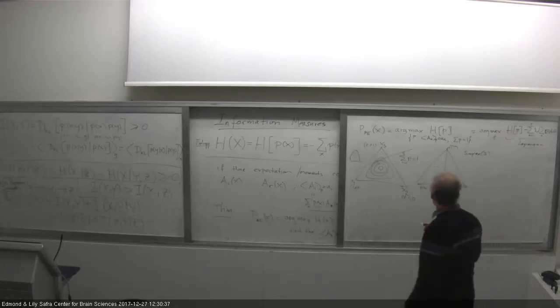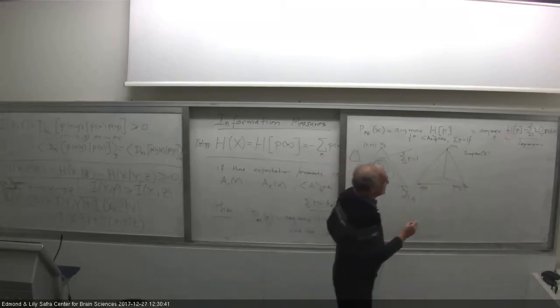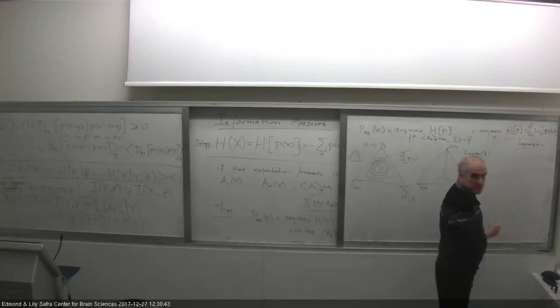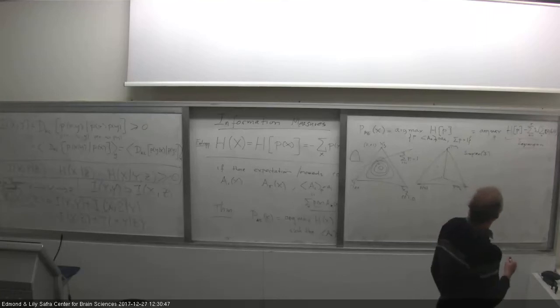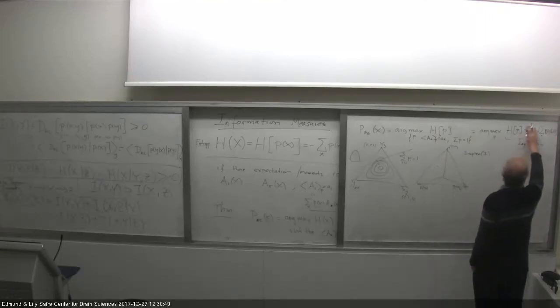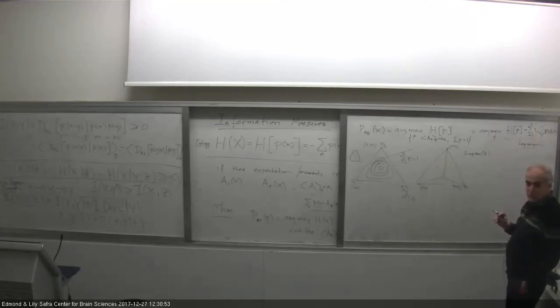Now, if this is the case, then it's actually very easy to solve this problem. It's a convention that I'm going to use, that for the Lagrange multipliers I'm putting a minus sign here.